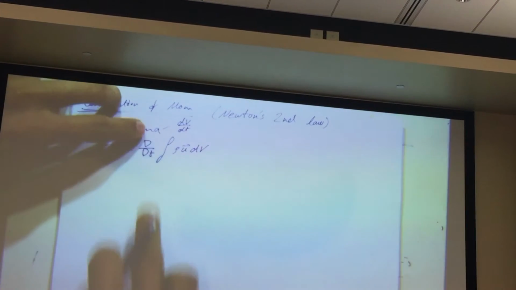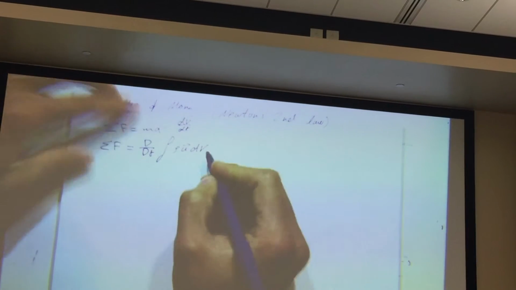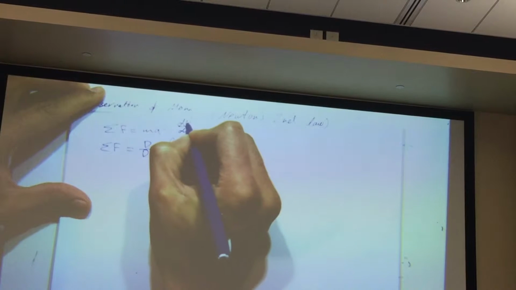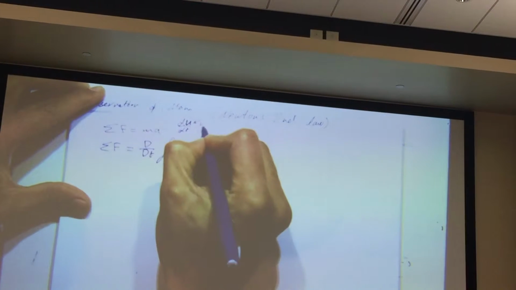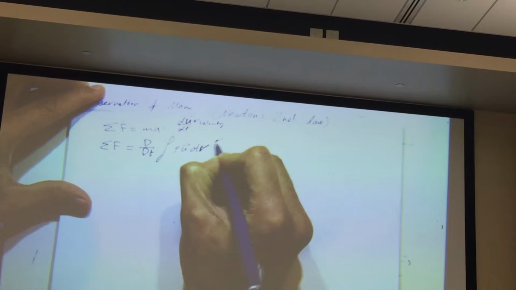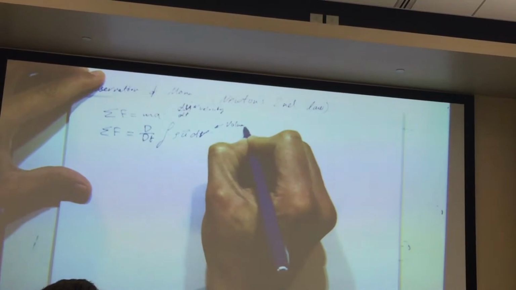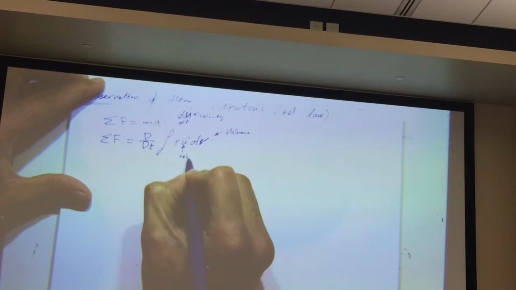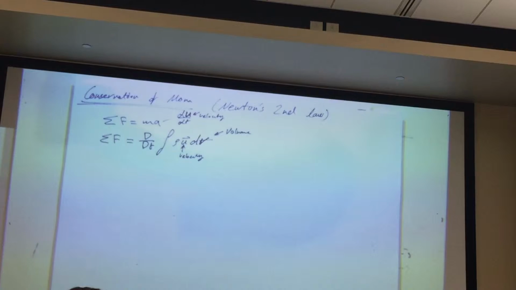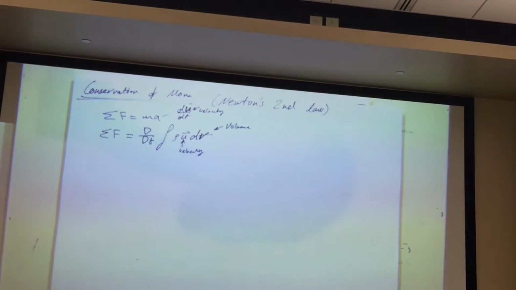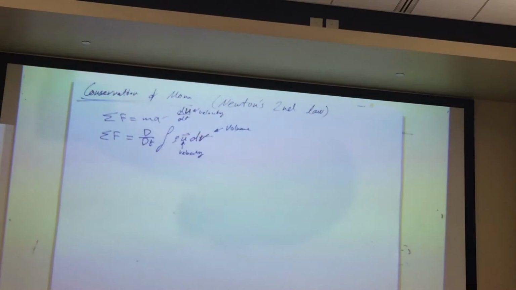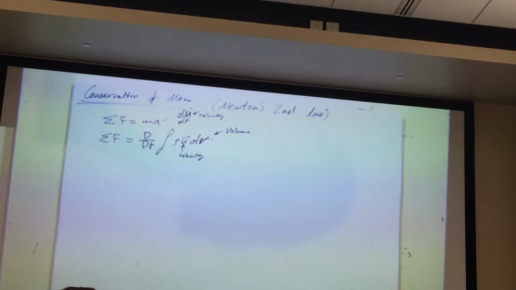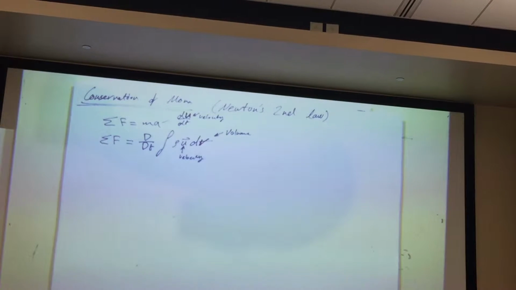Because acceleration is a function of velocity, this is volume, this is velocity, I'm just going to use u here. And obviously rho is density. So that's my substantial derivative, and I'm tracking the mass as it accelerates or moves within that specific volume that I'm defining.